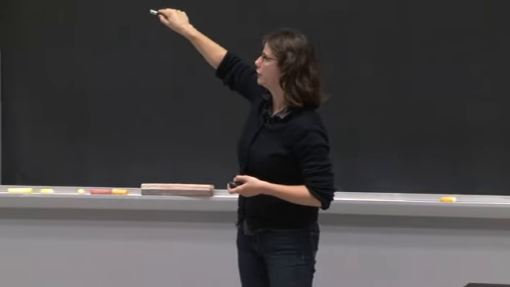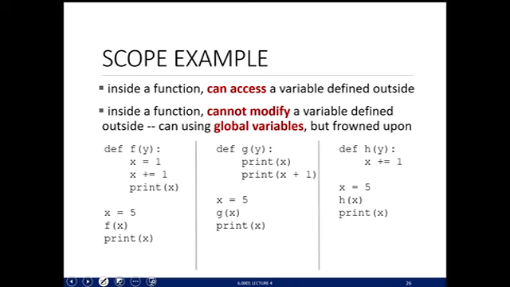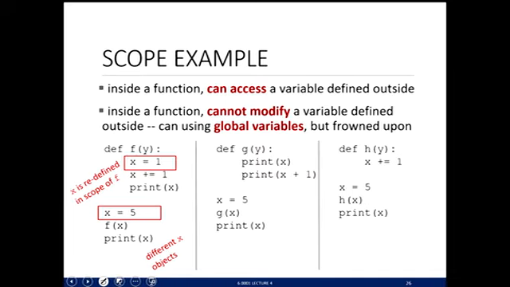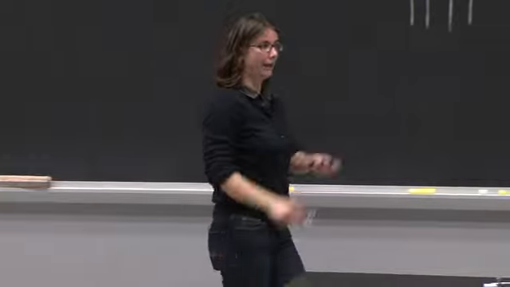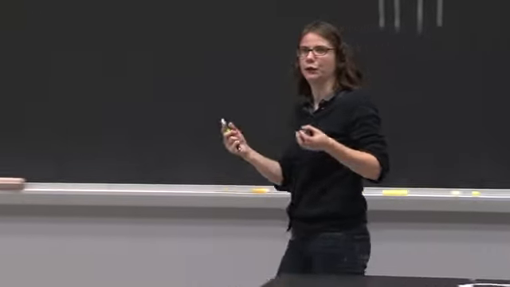So there are three sort of situations you might find yourself in. The first one is probably the most typical. This is when you define a function, and it's using a variable named x in this case that's also defined outside of the function. And that doesn't matter because of the idea of scopes.